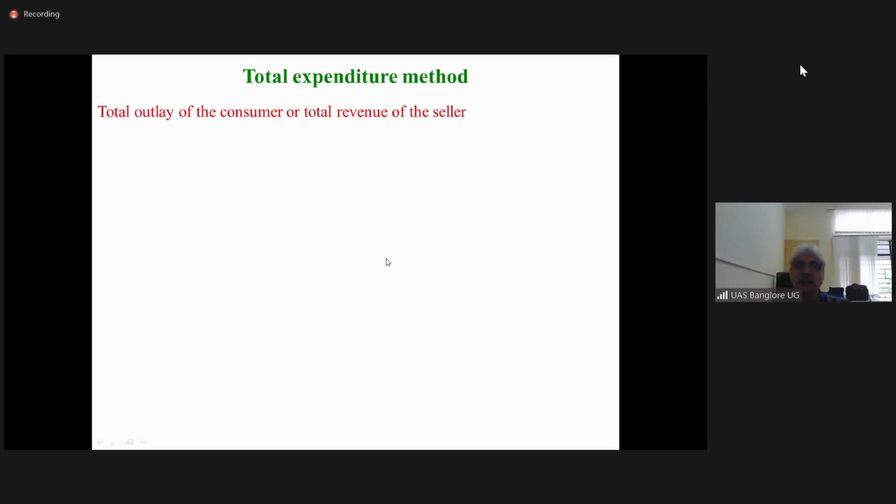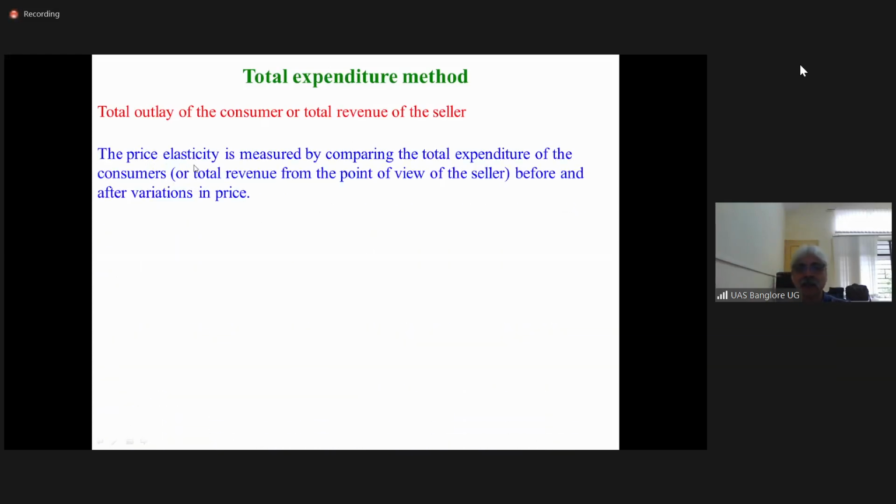Okay, so the total expenditure method. The price elasticity is measured by comparing the total expenditure of the consumers, or total revenue, which is income from the point of view of the seller, before and after the variations in price.